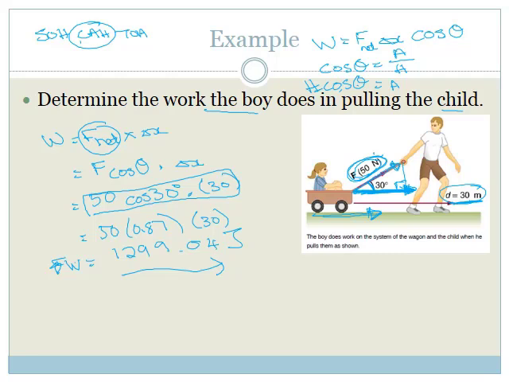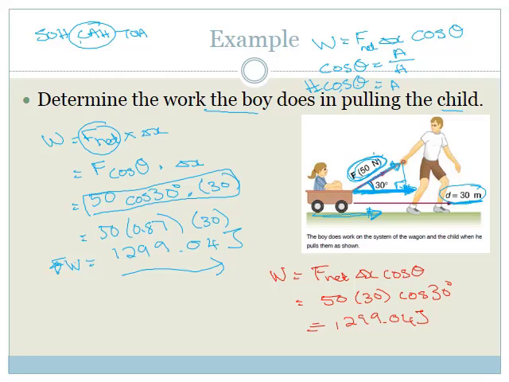So in other words, if you were presented with this question in the exams, you would just say we know that work done is equal to F net delta X cos theta, and he's pulling with a force of 50 for a distance of 30 meters at an angle of 30 degrees. You substitute that in, and you get 1299.04 joules. And that's all you would have to do.